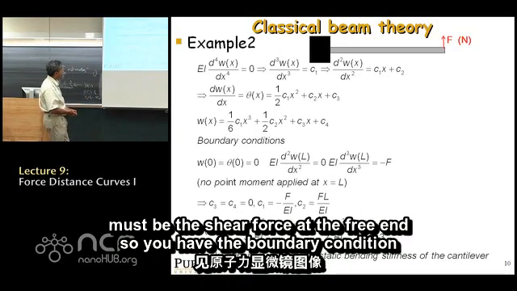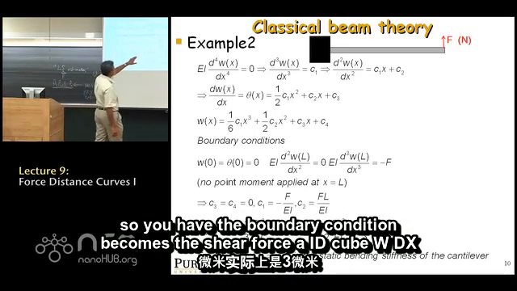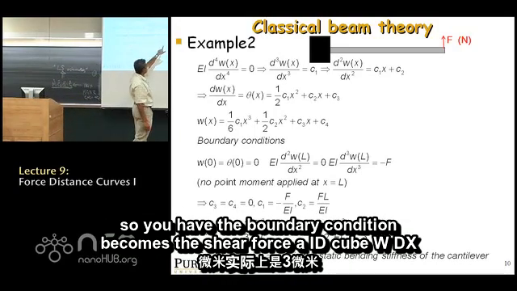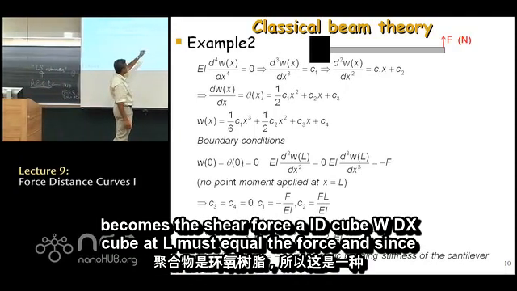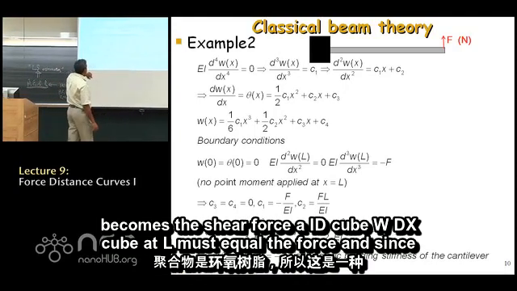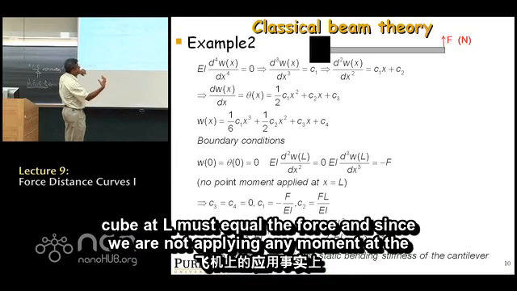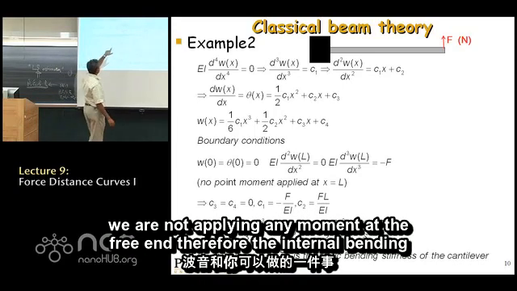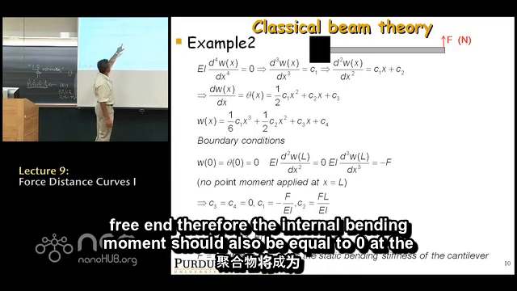So the boundary condition becomes the shear force EI d cubed W dx cubed at L must equal the force. And since we are not applying any moment at the free end, therefore the internal bending moment should also be equal to 0 at the free end.